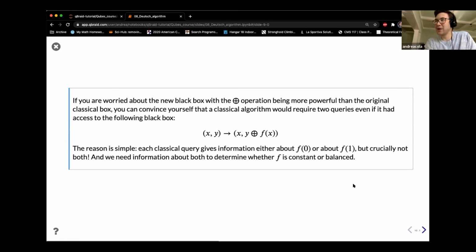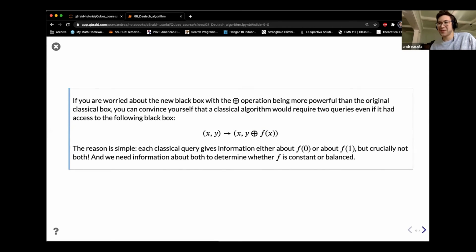Okay, so then you might be slightly worried that these new unitary black boxes we defined, with this extra XOR operation, might be more powerful than the original classical black box that we had in the classical case.